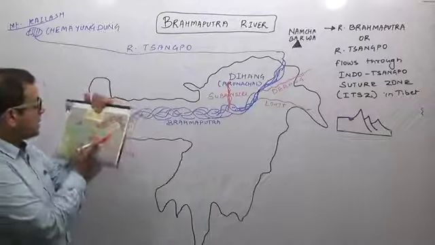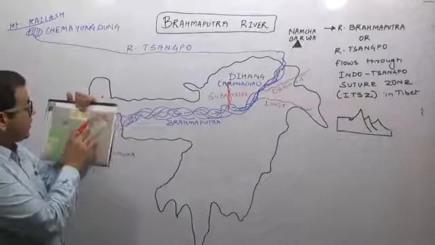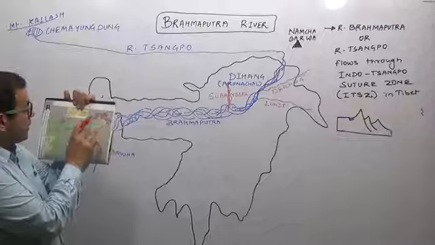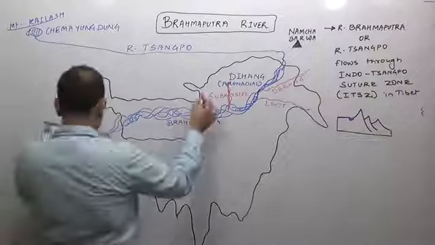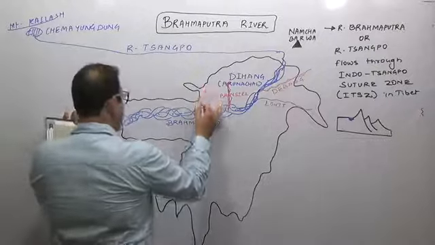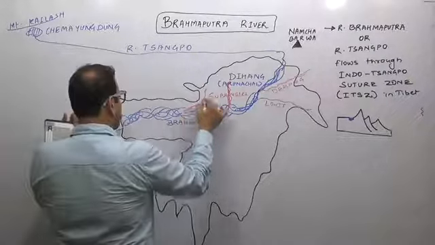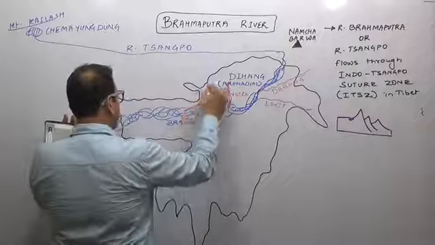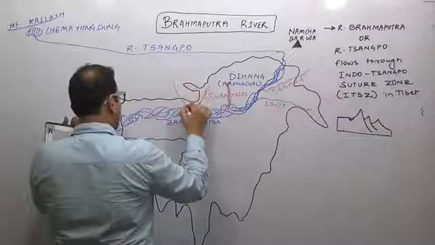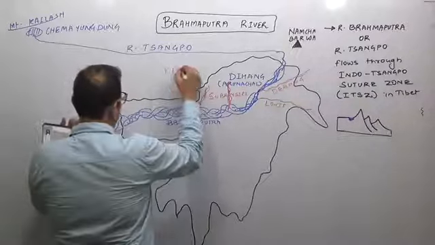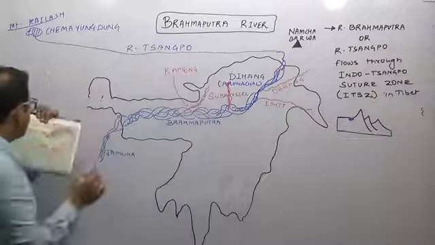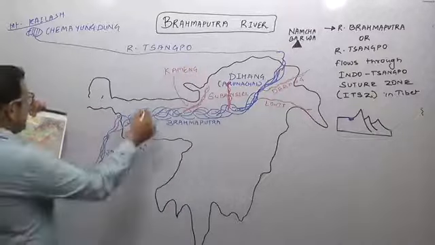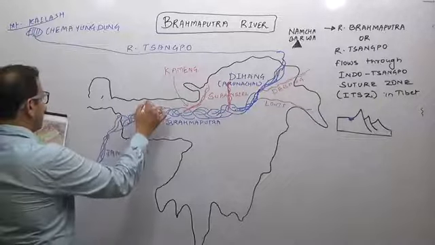After Subansiri, the other important tributary, can you find a smaller river here known as Kaming? The other important tributary is Kaming. Again a Himalayan tributary. And lastly, the important tributary here in this region is river Manas.